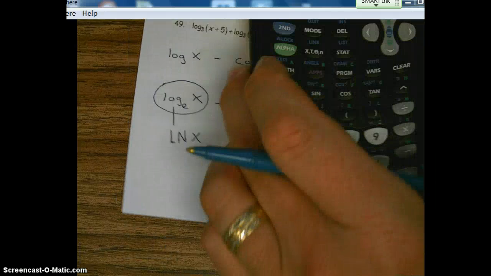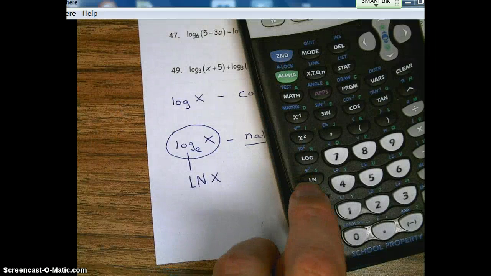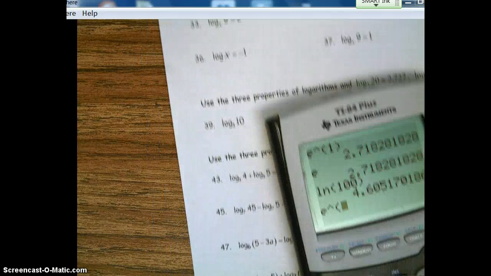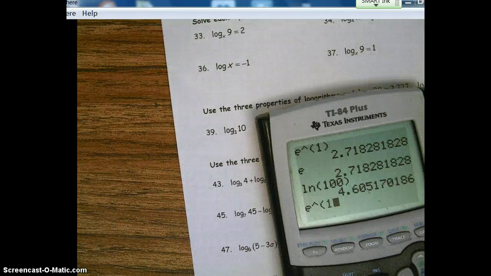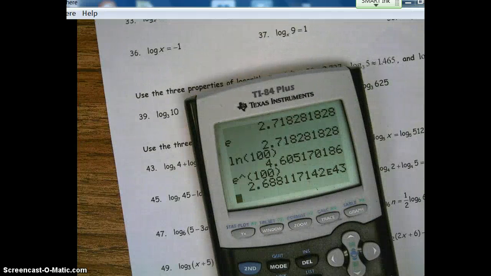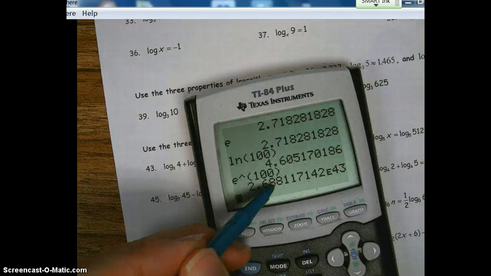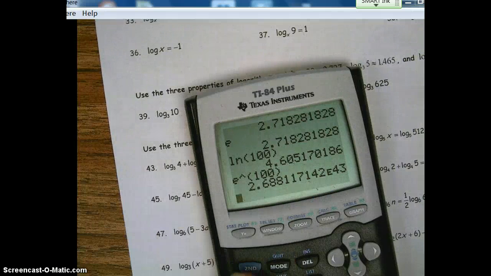Then we would go on here and do second ln. Notice you got e to the 100th power, and that would be a really big number. Basically it's rounded to 2.7 times 10 to the 43.